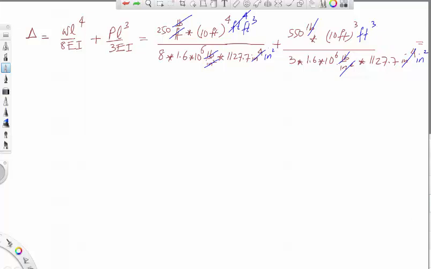Now if you look at the units here, we have inch square here and foot cube here, and inch square here and foot cube here. We need to be consistent, so we need to do conversion now. I need to convert this foot into inches. I have to convert this into inch cube, and I do that by multiplying by 12 to the power of 3.